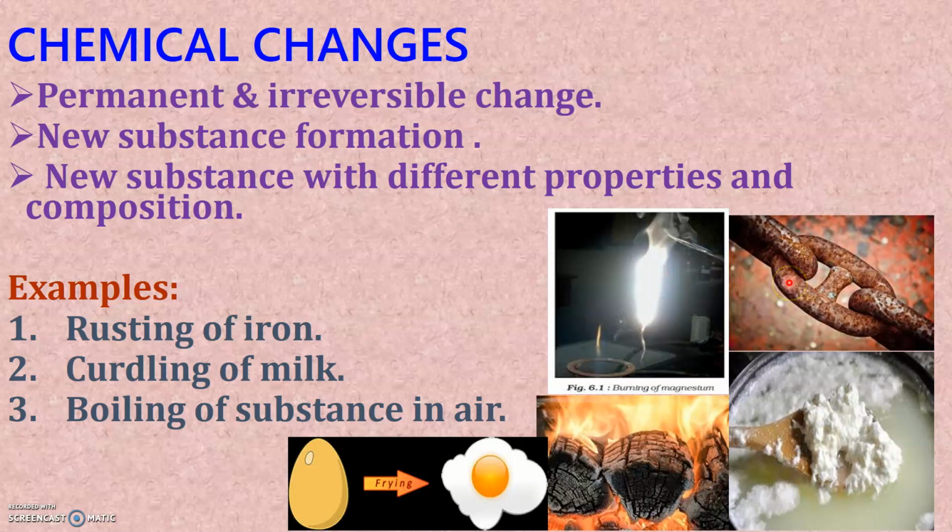Next, in the case of rusting of iron, what happens here? Iron is exposed to air and moisture and it gets oxidized and forms a new substance called iron oxide, which we see as this brownish reddish rust. So here we see the formation of a new product, that is iron oxide.